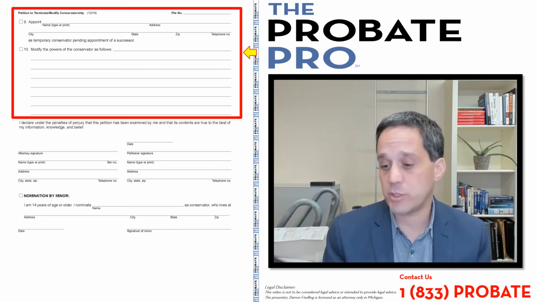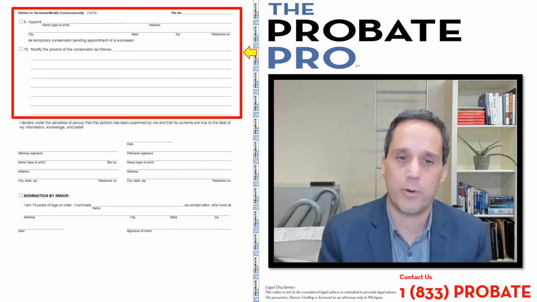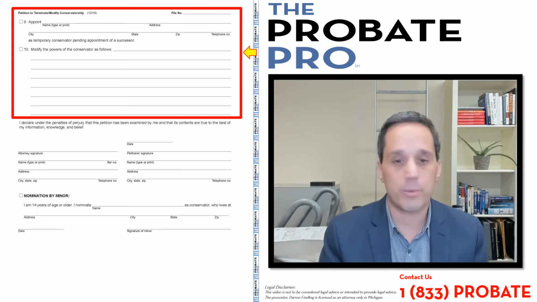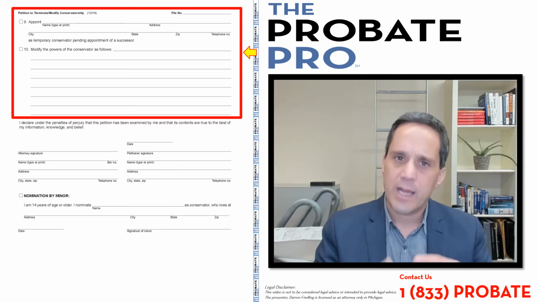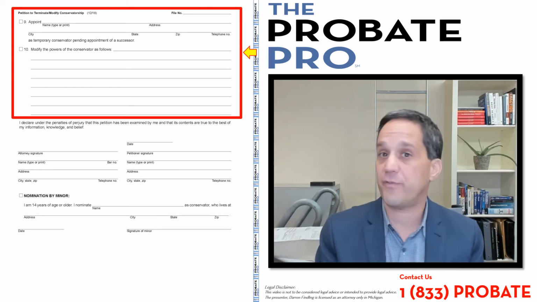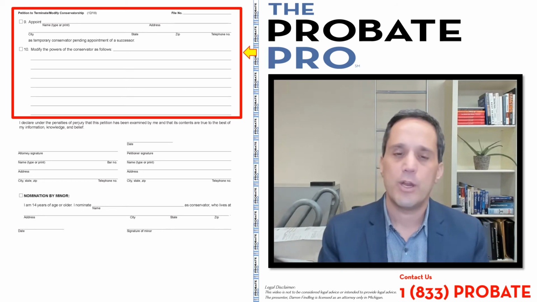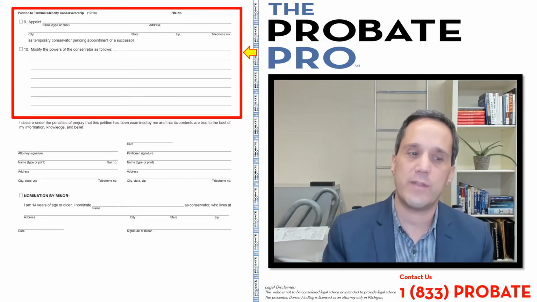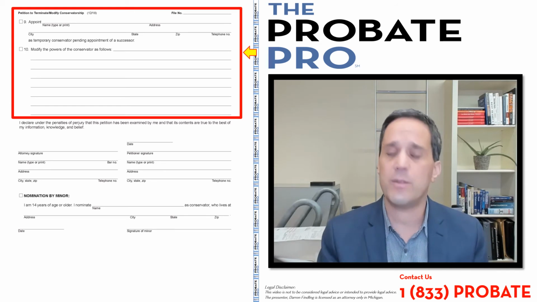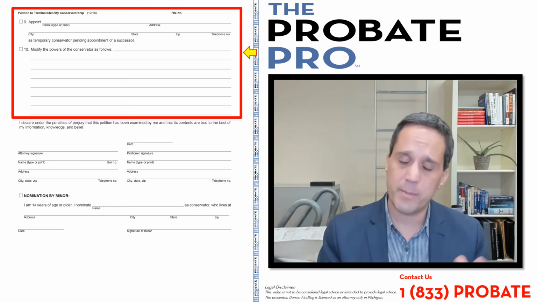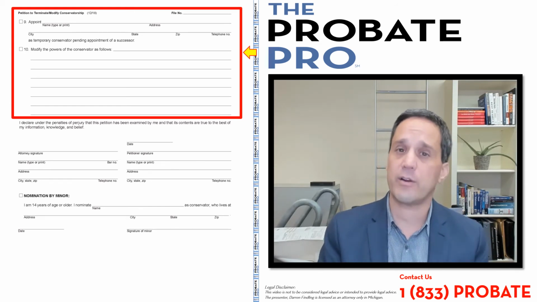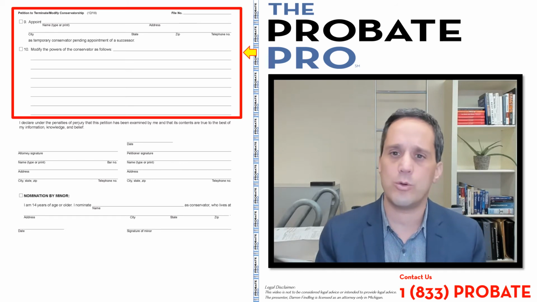Often in a conservatorship, there may be restrictions on the letters of authority. Maybe you want to modify or restrict those powers. Again, the document itself is pretty flexible. It has a lot of space for you to add the information that you're asking of the court in the particular petition. So again, you want to be very clear and have a clear understanding of what you're allowed to do and what you're allowed to make a request of.